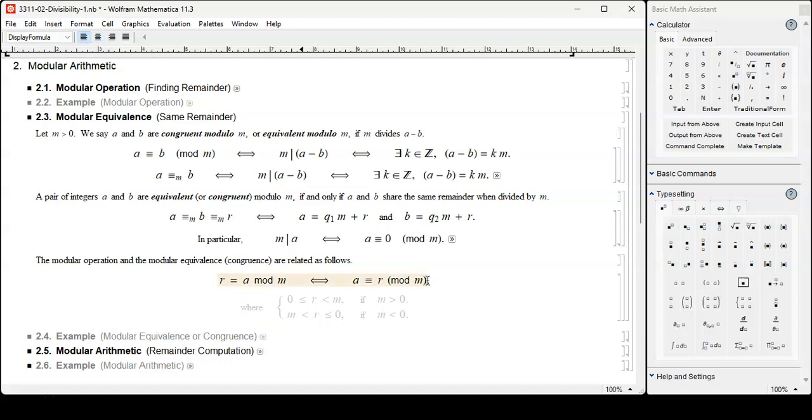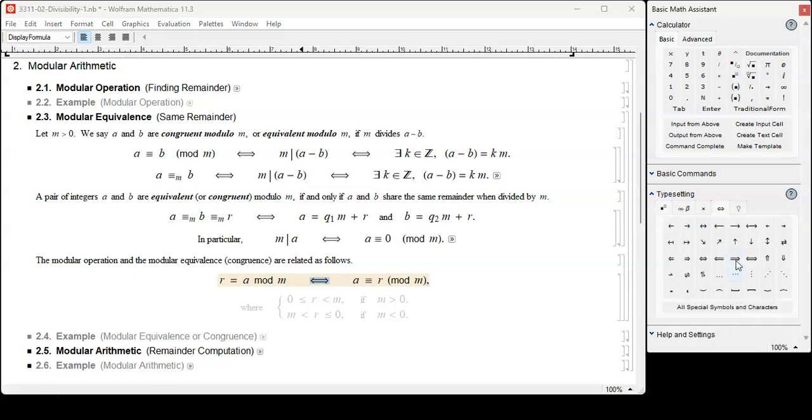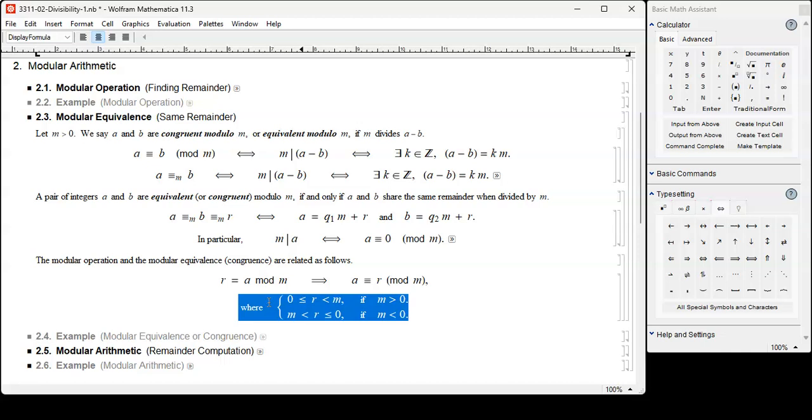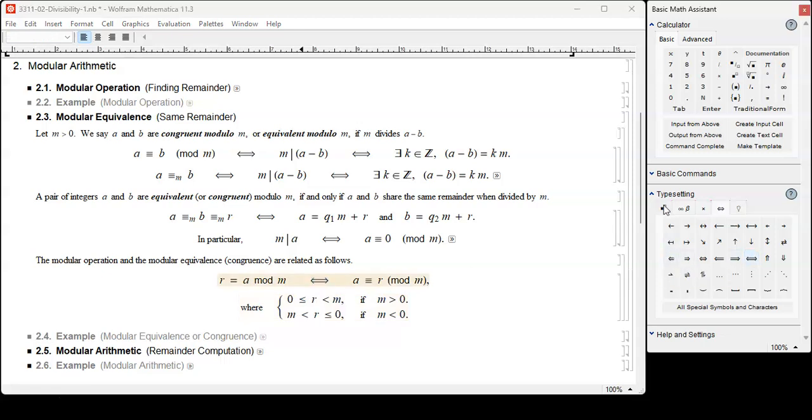Then these two are not equivalent anymore. r can still be too big, maybe. In general, we have this. That's the general case. Now, in a special case, when we have this condition, r is between 0 and m, then these two are the same.